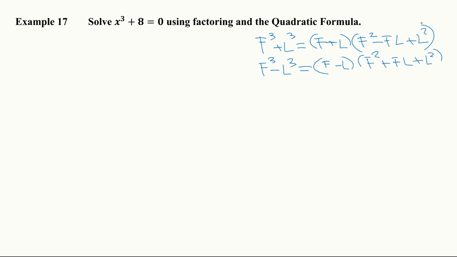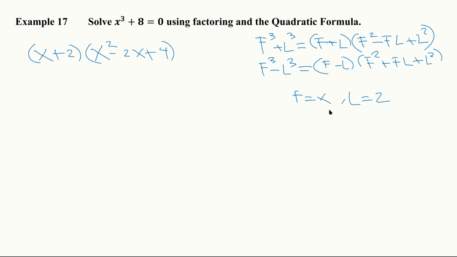So we can go ahead and factor x cubed plus 8. Notice here f will be x and L will be 2, right? What number do you cube to get 8? 2, right? So L here would be 2. So we get x plus 2, that's f plus L, times x squared minus 2x plus 4, right?